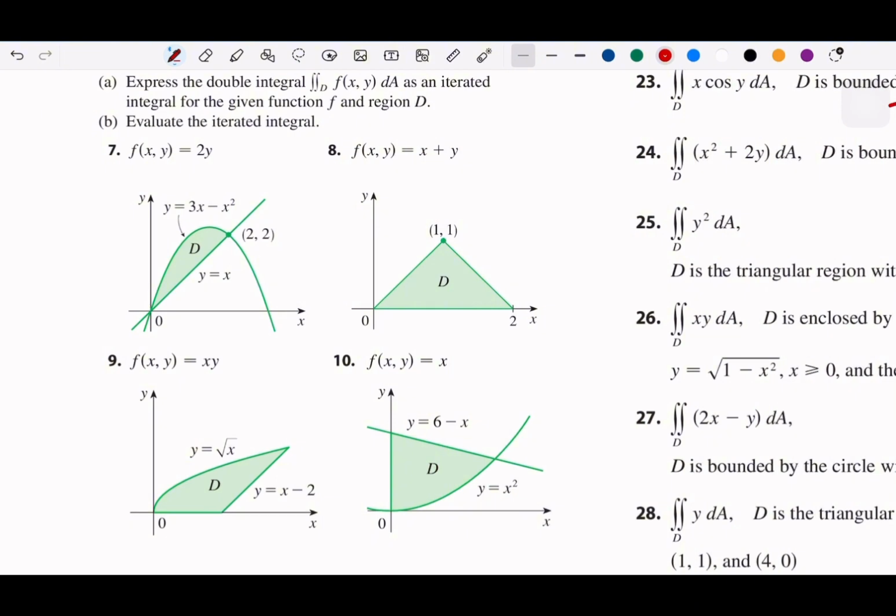Because the triangles have the same proportions, the slope for the other one will be the negative of this one, right? So if this is 1, it should be negative 1. You can also use that and put it into the linear equations.